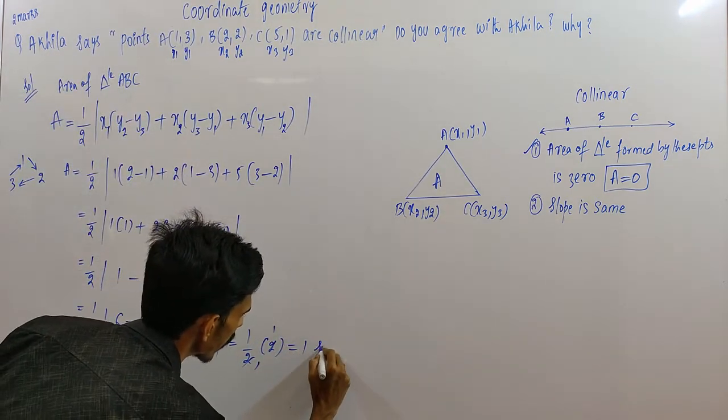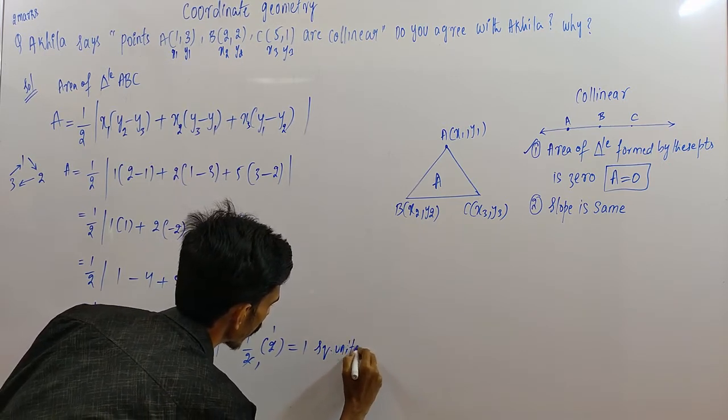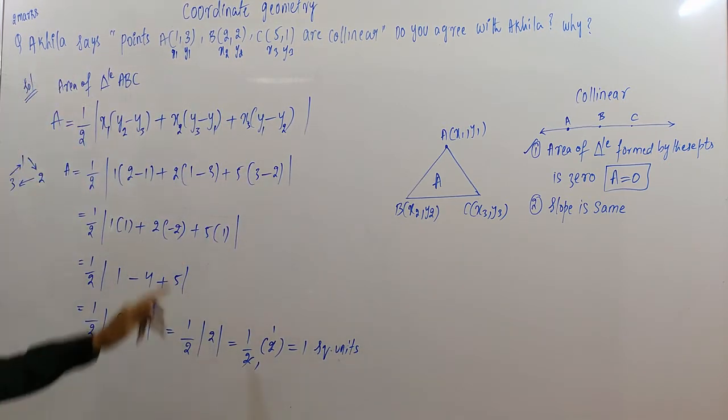Area is 1 square unit. The area is not 0.